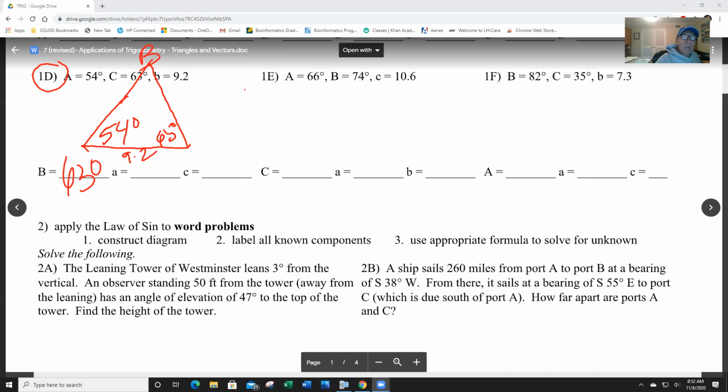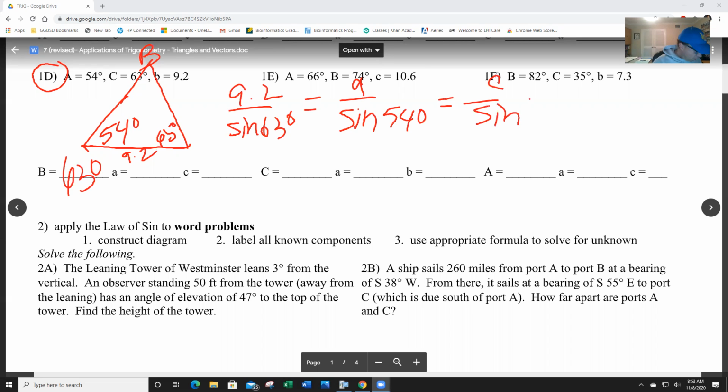All right, so now we can go 9.2 over the sine of 63 degrees. Make sure you're in degree mode. Equals A over the sine of 54 degrees equals C, side C, over the sine of 63 degrees, okay?